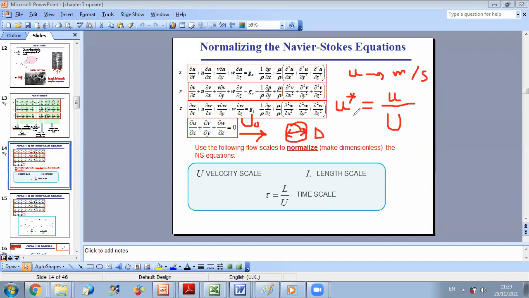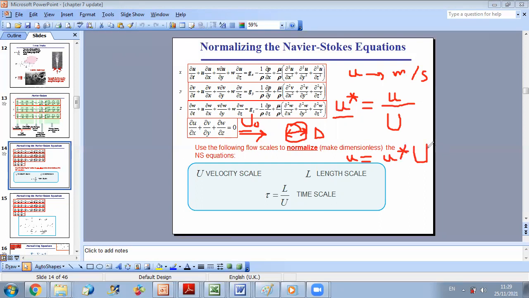So I can say that I can normalize all velocities to the upstream velocity U. So I can create a variable related to velocity without dimension u star by just dividing the velocity u by the upstream velocity big U. And then I can replace in the equation small u by u star times big U.